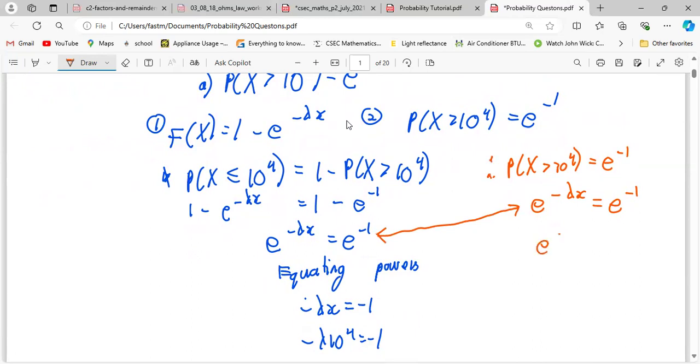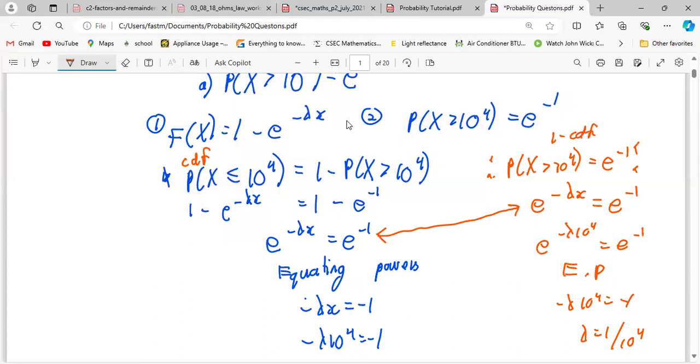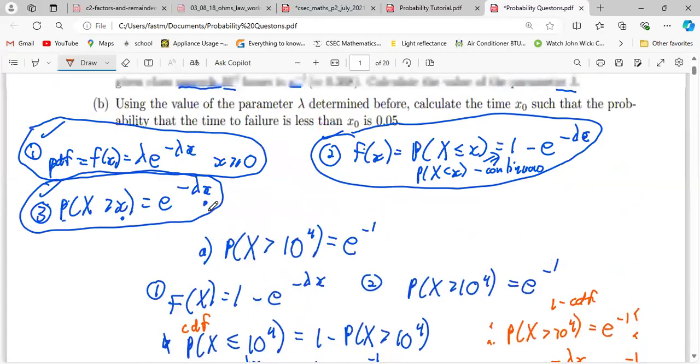Once you go through the normal steps that I did before, equating the powers, and once you solve, you'll end up with the same answer. So this way is working with the CDF, and this way, the opposite of the CDF, 1 minus the CDF. So that was the first part.